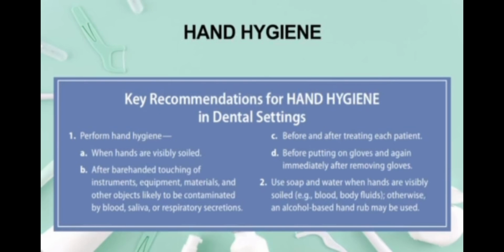For surgical procedures, one should perform a surgical hand scrub before putting on sterile surgeon's gloves. For all types of hand hygiene products, follow the product manufacturer's instructions. See the complete guidance on how and when hand hygiene should be performed.